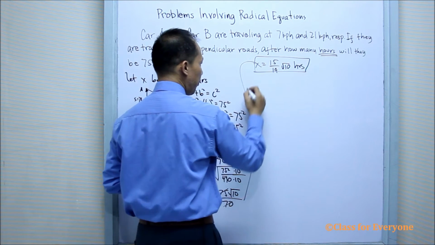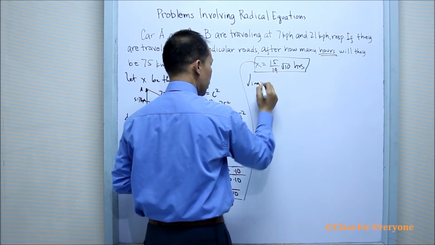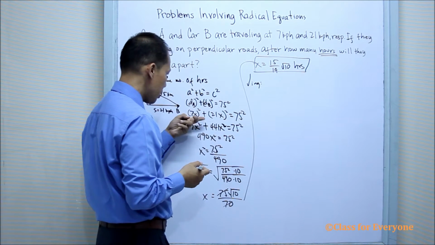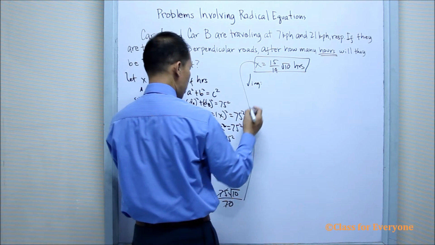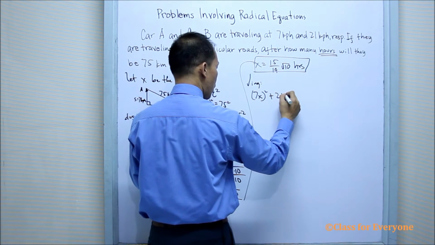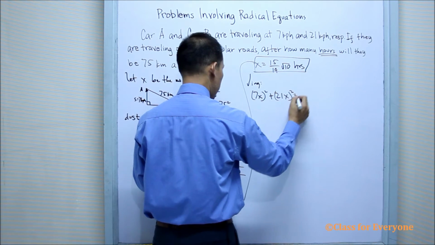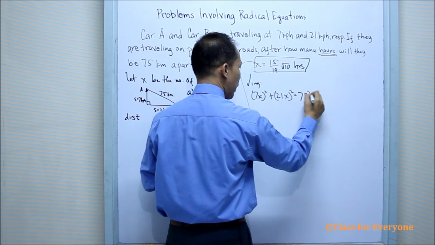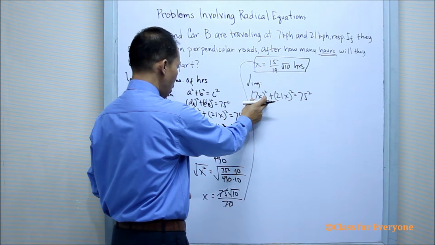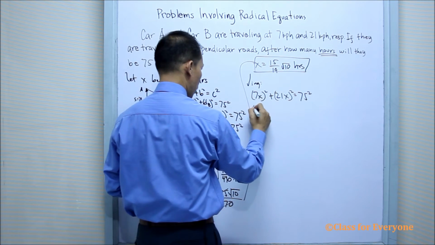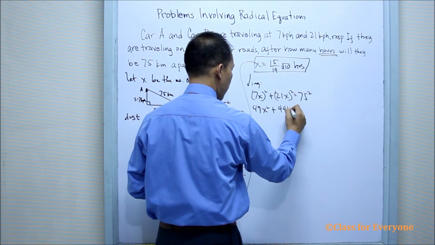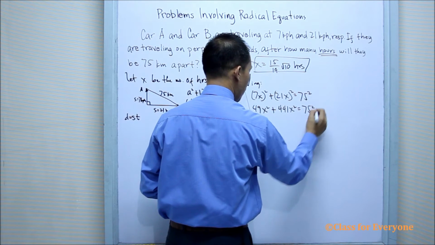But let us check it. For the checking, we can use this equation. We have 7x squared plus 21x squared equals 75 squared. When we square this, it will be equal to 49x squared plus 441x squared equals 75 squared.